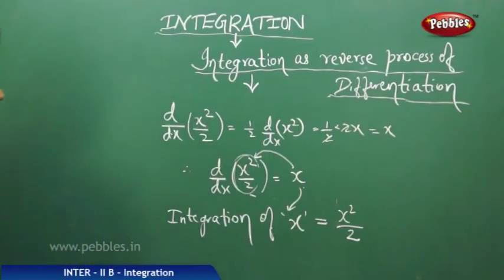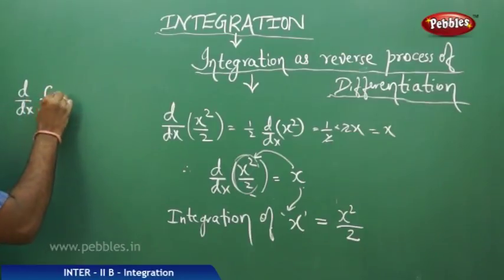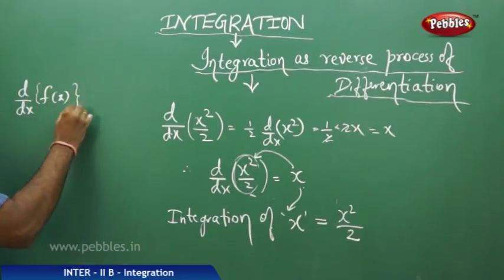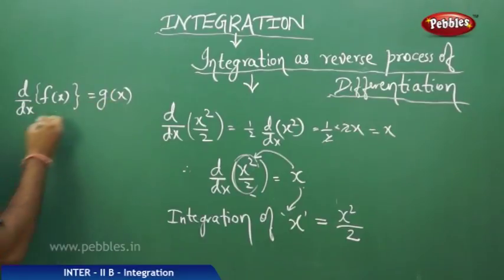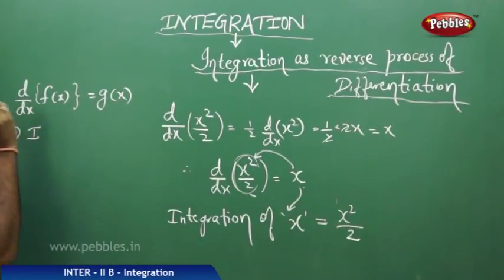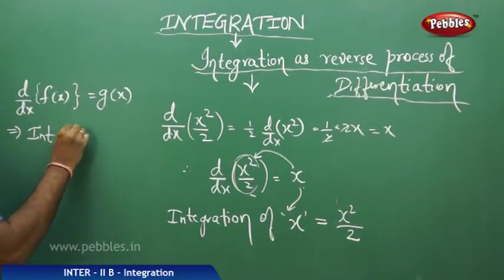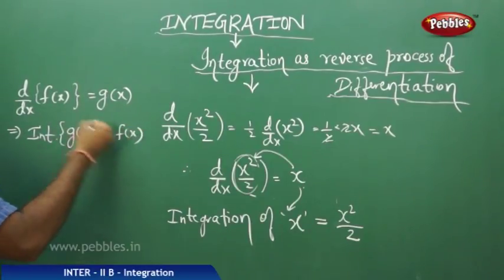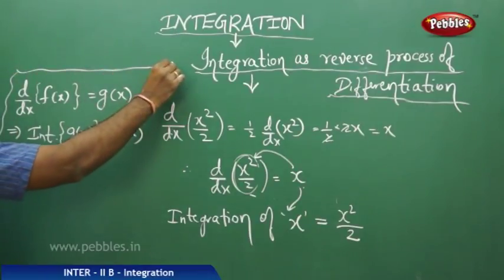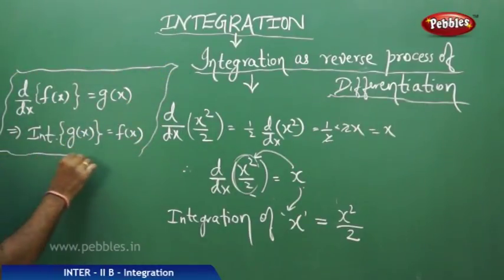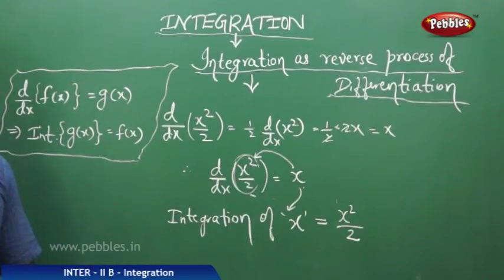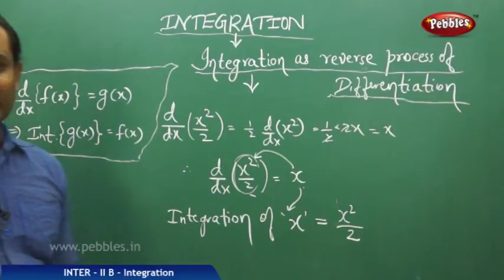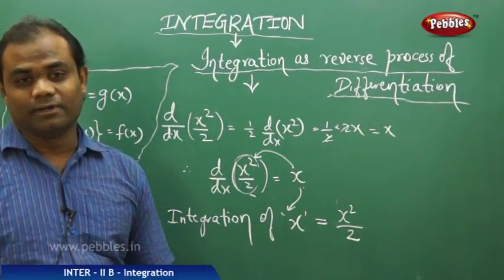Therefore, it comes to the general conclusion that if d by dx of f of x, say, is the function g of x, then that implies integration of the function g of x is f of x. This is how we understand the relation between differentiation and integration. Integration is the reverse process of differentiation.